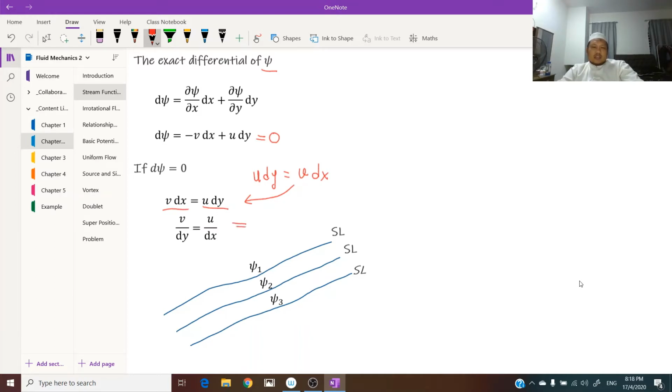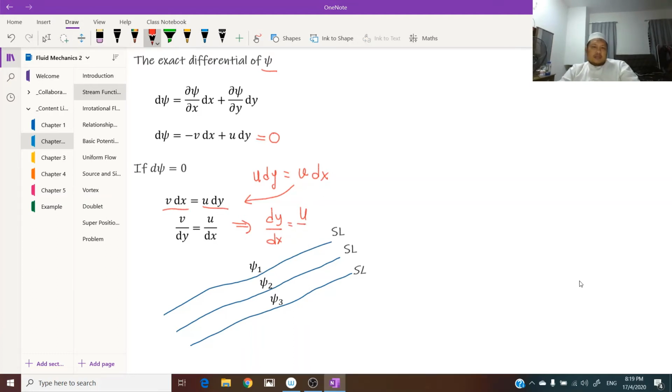In the previous lecture, we wrote this like this. We say that dy dx equals u over v. Sorry, u over v.